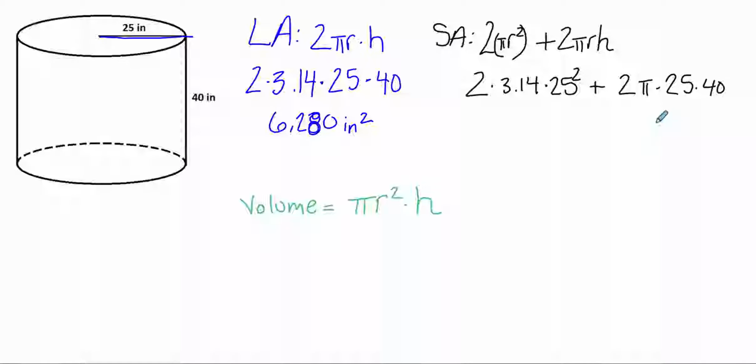Okay, so again in this example, I'm going to take 2 times 25 times 40. That's going to give me 2,000 pi.